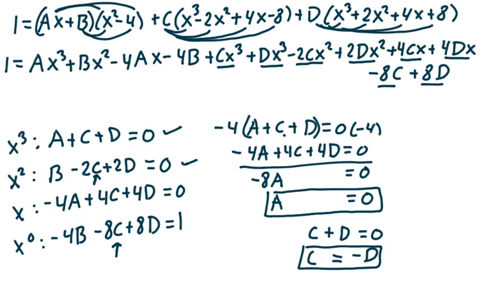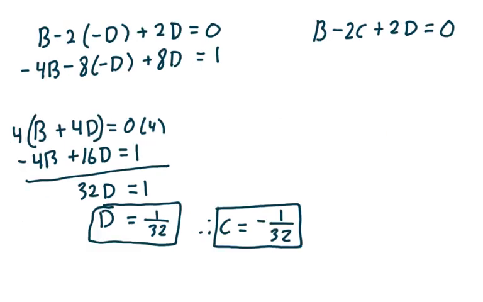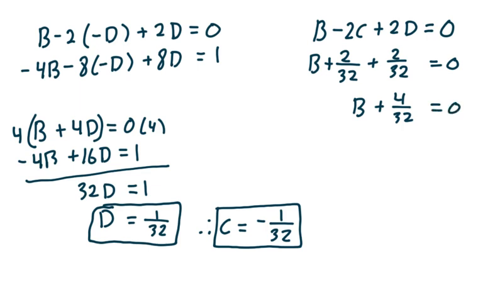I'm using equation 2. So b plus 2 over 32, because a negative times a negative is a positive, plus 2 over 32 equals 0. So b plus 4 over 32 equals 0. And 4 over 32 reduces to 1/8. So I get b equals negative 1/8.